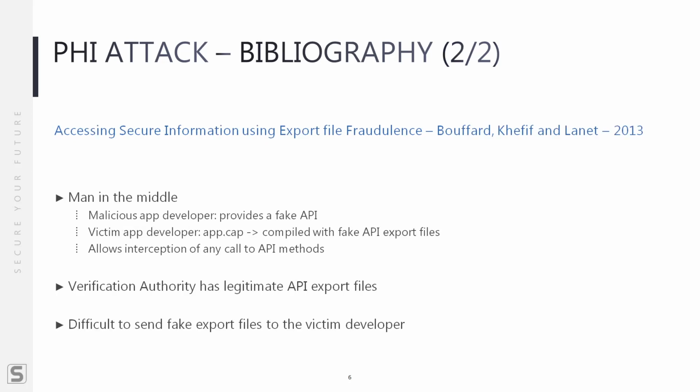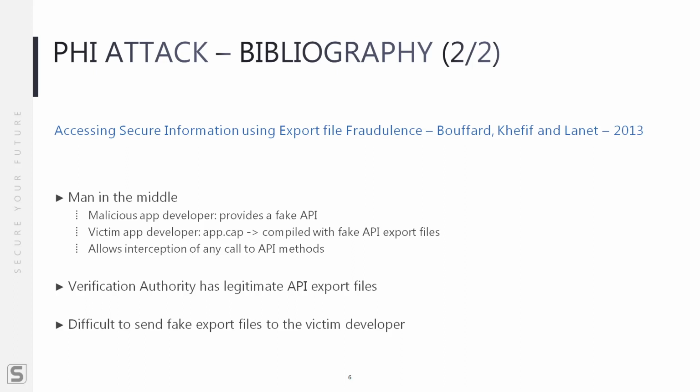We keep on with the second paper, which is accessing secure information using export file fraudulence, presented in 2013. This time, authors assume that a malicious developer loads a set of valid packages that reproduce the standard JavaCard API, and export files of these packages are given to a targeted victim developer.